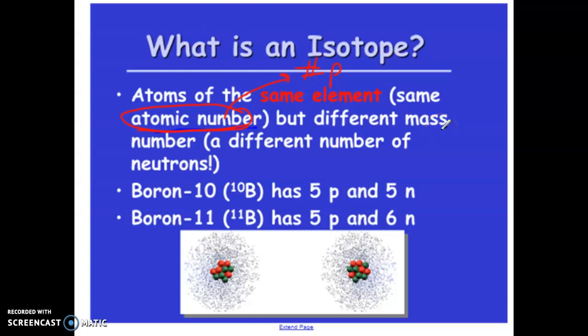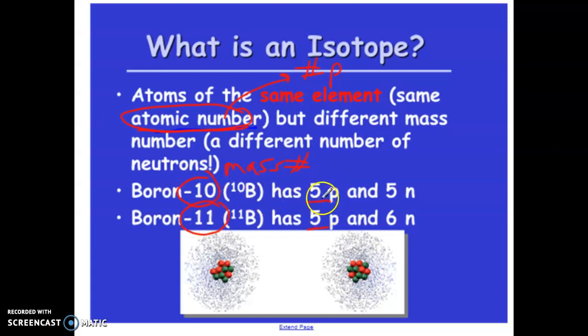So for example, here I have two atoms of boron. Boron has an atomic number of 5, which means it has 5 protons. So no matter what, both borons have 5 protons. However, if you notice, it has a dash and then a number. This number is the mass number for this element. So mass number of 10, mass number of 11.